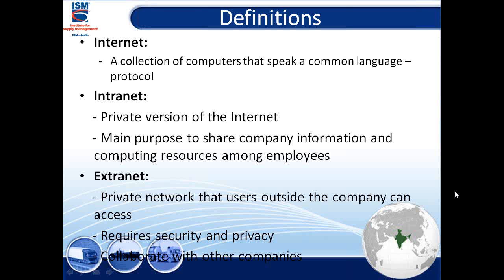Intranet is a private version of the internet, and its main purpose is to share information within the company. It's basically a private network. Extranet is a private network that users outside the company can also access. That's what we call extranet. Web, as I have already told you what it means.